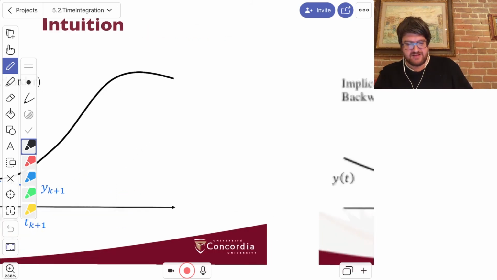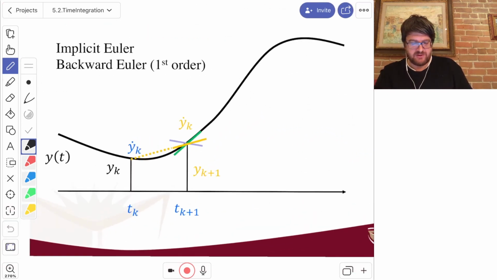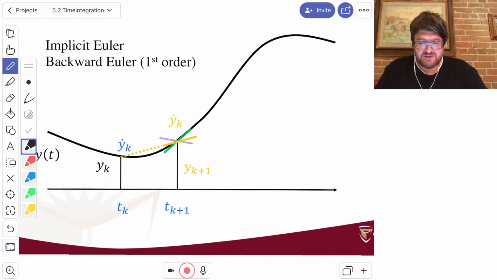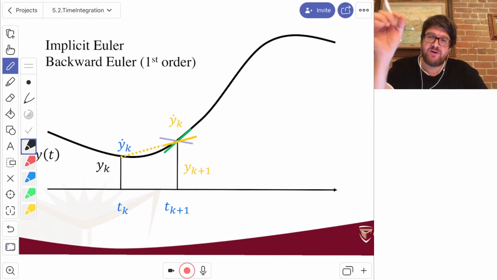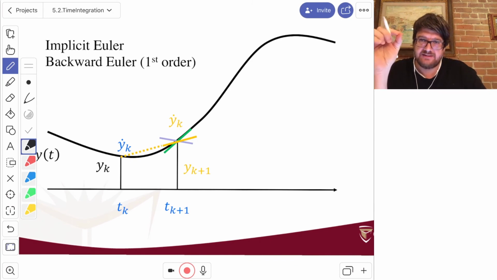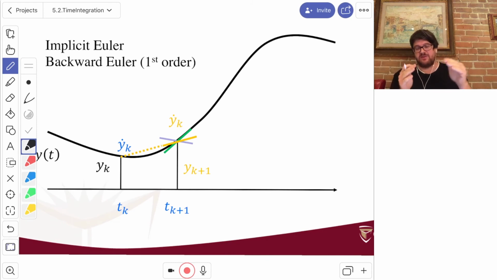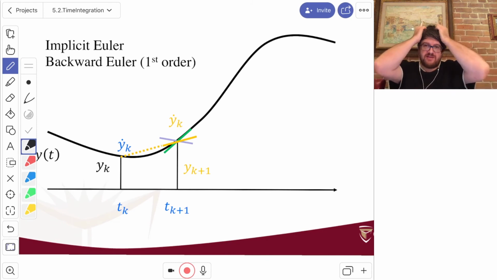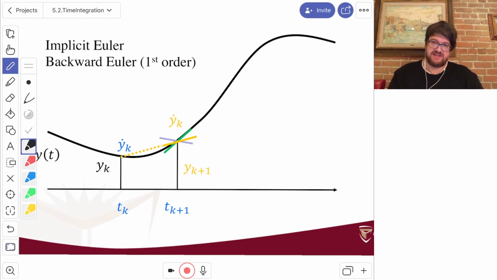And the thing is, for the implicit Euler or backward Euler, this cannot happen because by construction, whatever point I look at, the derivative points back at me. So no matter what I do, I cannot go too far. Even if I have huge time steps, by construction, I cannot go too far from my real curve. And this is why it's called unconditionally stable. And it's very stable under large steps.